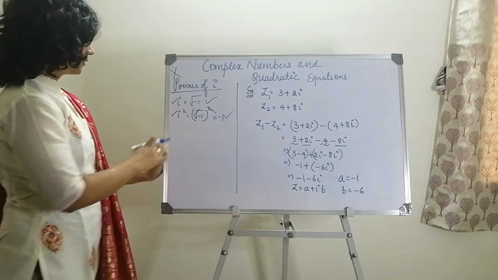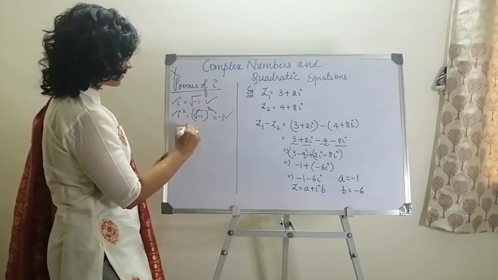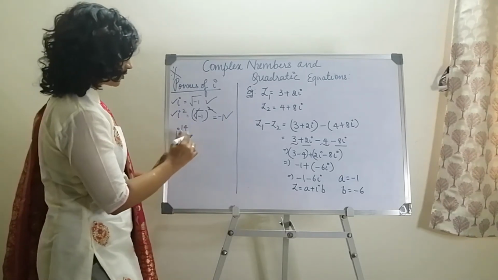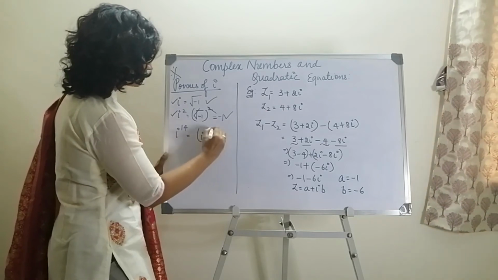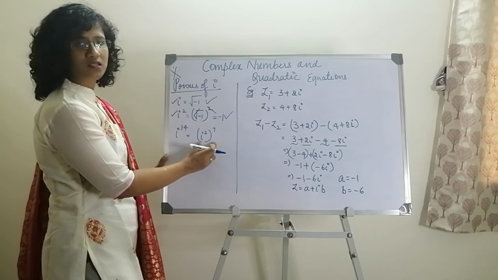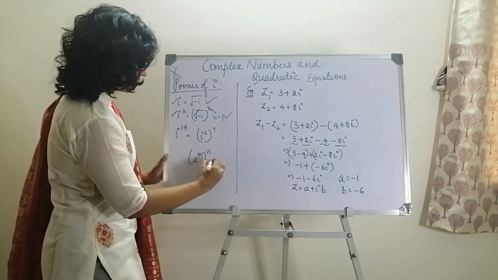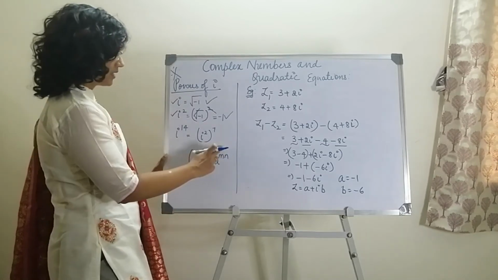So for example, if I have to find out the value of i to the power 14, i to the power 14 can be written as i square whole to the power 7. Here I am using the theory of indices: a to the power m into n is equal to a to the power mn. So what do you mean by that?